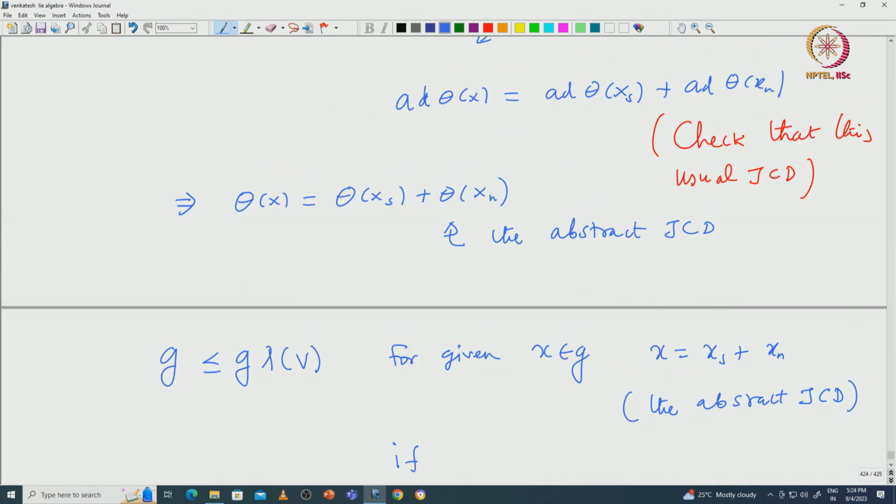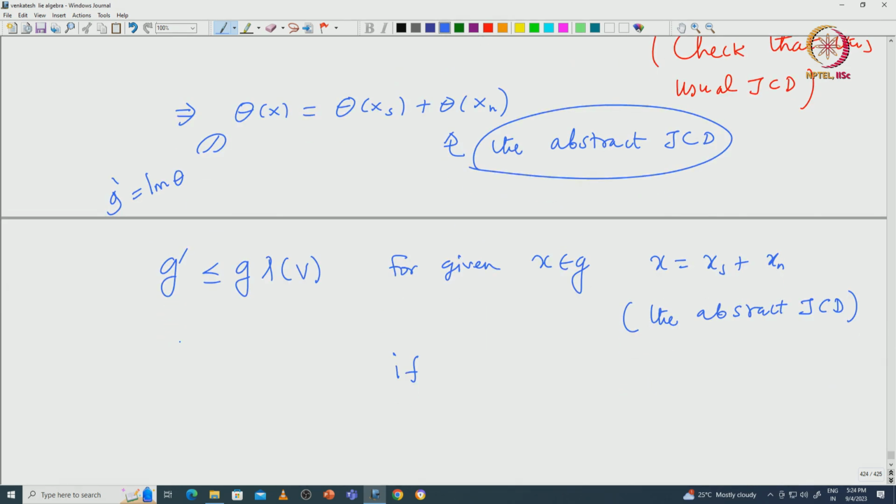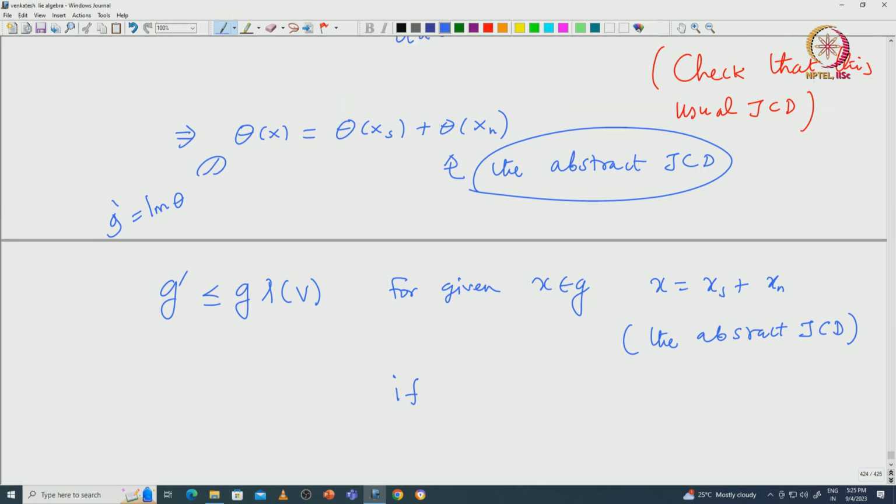Because any abstract Jordan decomposition of theta of x, which is inside this image theta, let us say g dash, then the abstract Jordan decomposition of this element theta of x of g dash coincides with the usual Jordan decomposition of theta of x. So, that is what we wanted to prove.